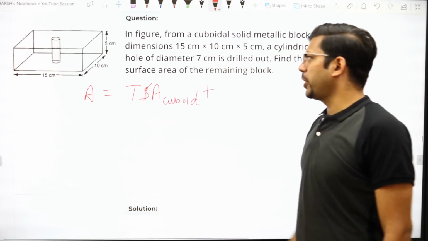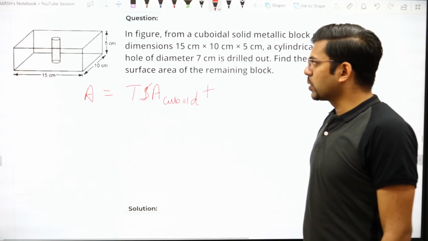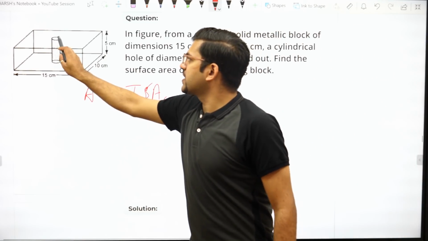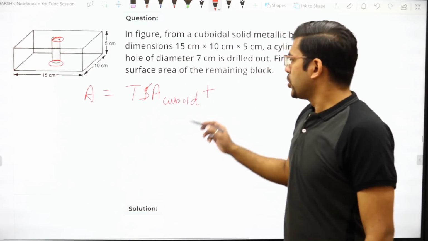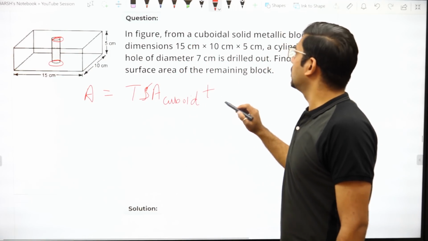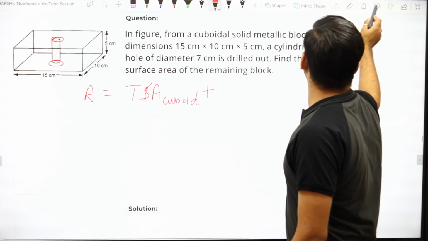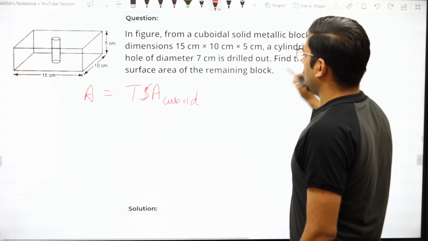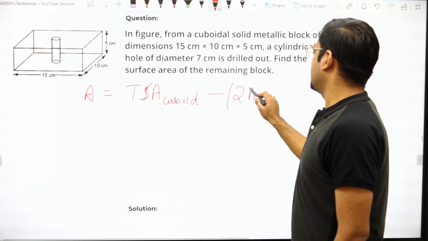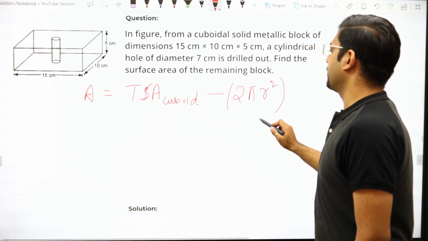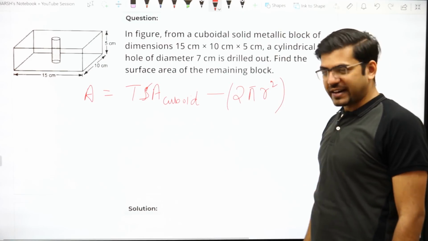But in this total surface area, two circles are missing because this is drilled out, this circle and this circle. So I am subtracting, minus 2 times pi r square, because of those two circles.